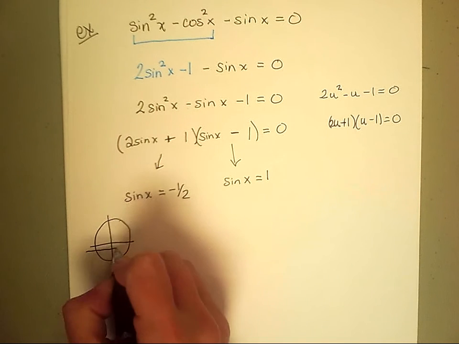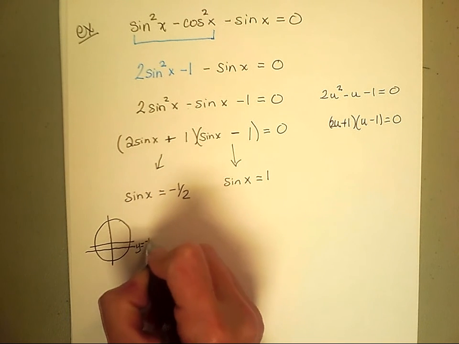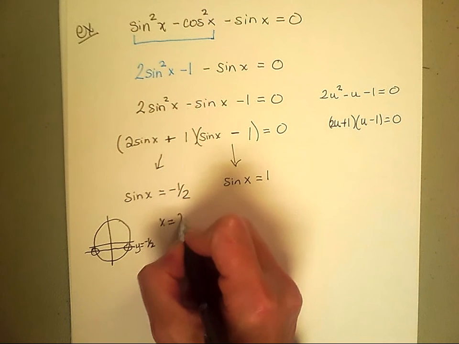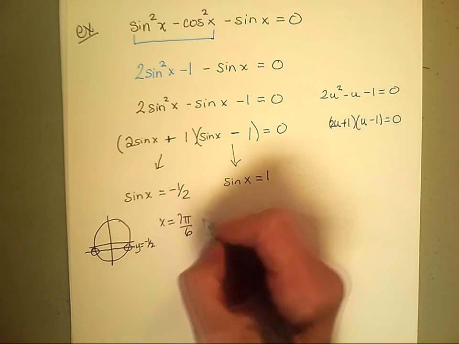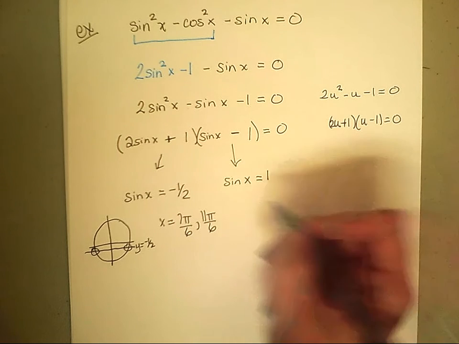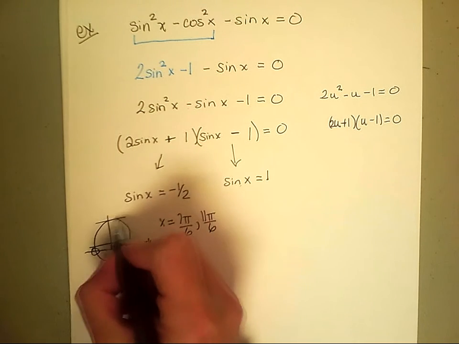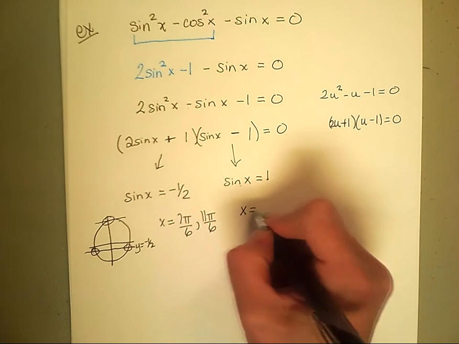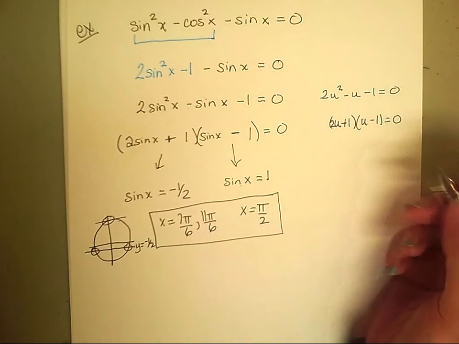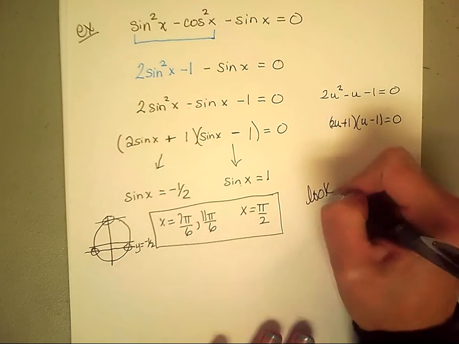So looking at our unit circle, where is the sine of x equal to negative 1/2? Happens here and here, at 7 pi over 6 and 11 pi over 6. And where does the sine of x equal 1? Just at one point up here, and x is equal to pi over 2. Okay.